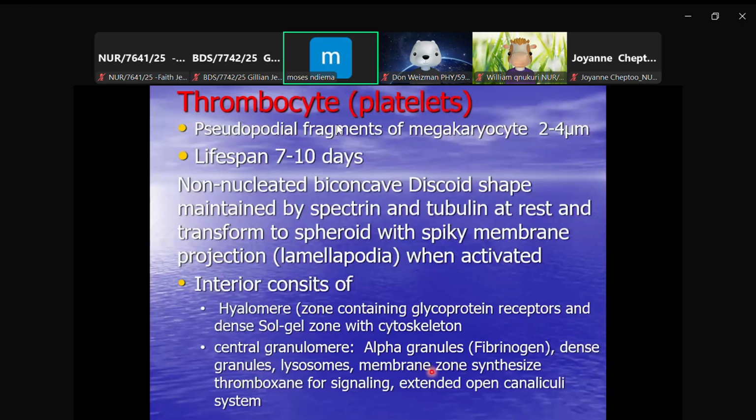And when you look at their function later on, you'll be able to appreciate why. So it's the largest cell. It is capable of undergoing mitosis even after differentiation, so that you can produce more of those. Why do we need to produce more?